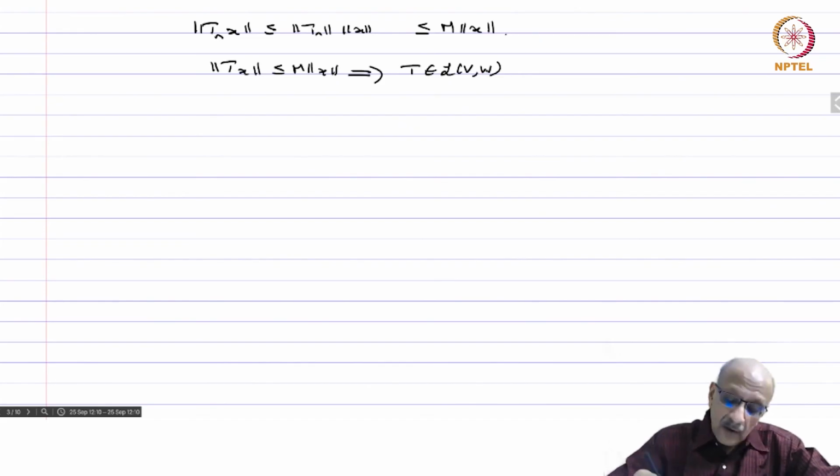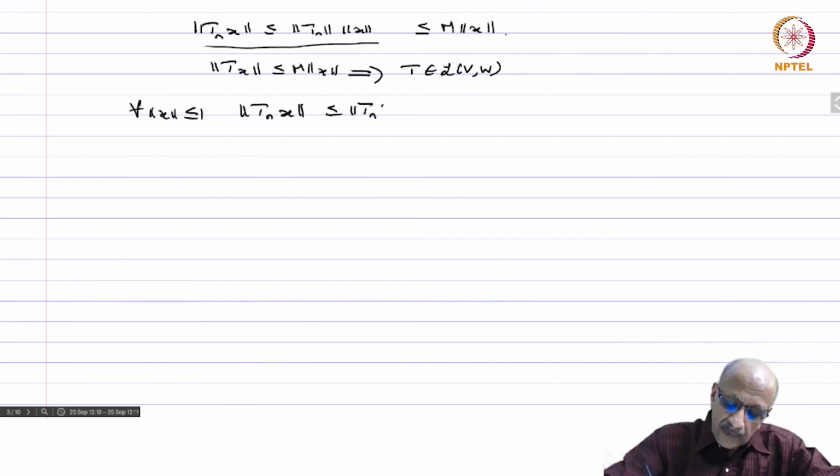Okay. And now if you look at this part of the equation, if you take for all norm x less than or equal to 1, you have norm T_n x is less than or equal to norm T_n.